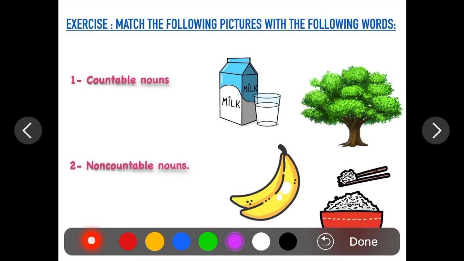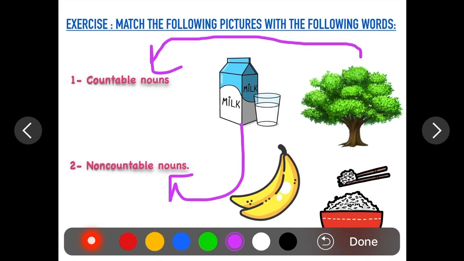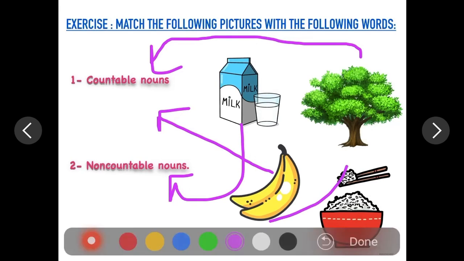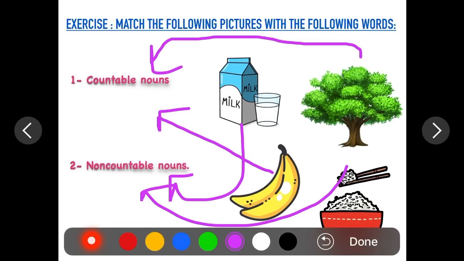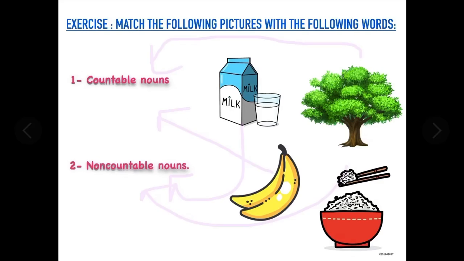Milk goes to non-countable, and tree goes to countable, and bananas go to the countable, and rice to the non-countable. For example, I have 5 bananas on my plate, or I have 6 trees in my yard. And for the non-countable, I need a plate of rice, for example.